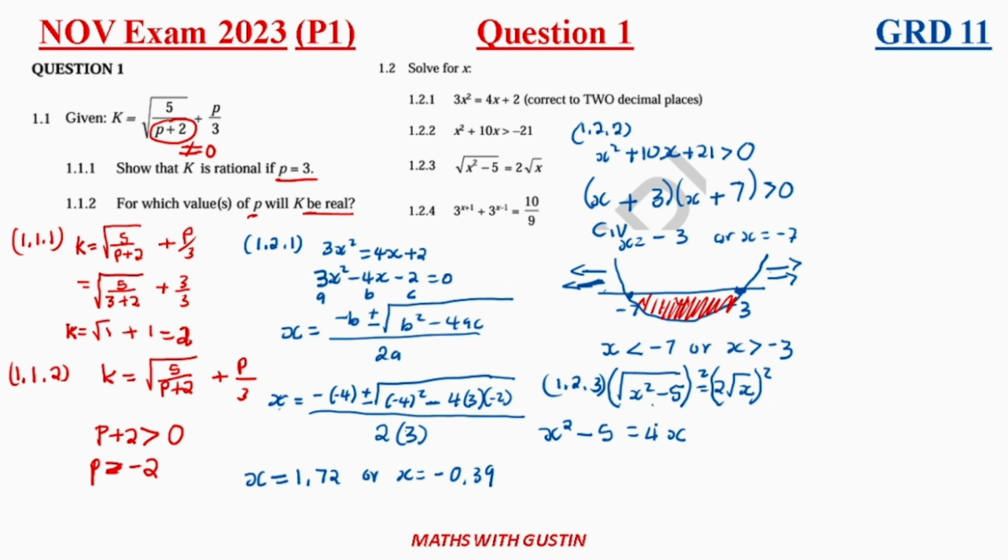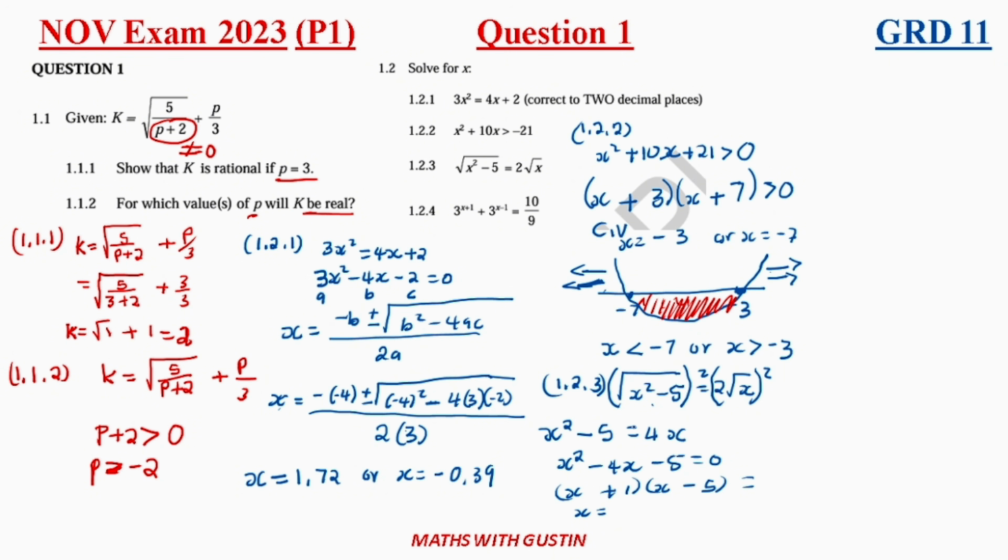Then we take this x to this side. We are going to have x squared minus 4x minus 5 is equal to 0. Therefore, if we were to factorize this trinomial, it is going to be x and then x there, and then it's going to be minus 5 plus 1.